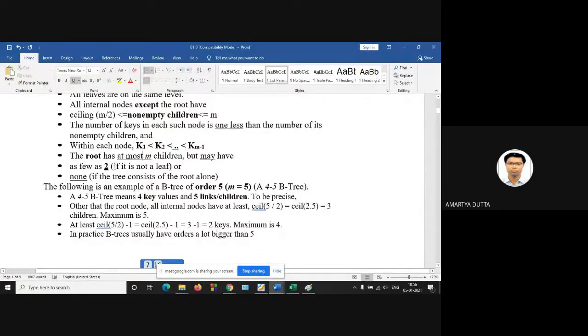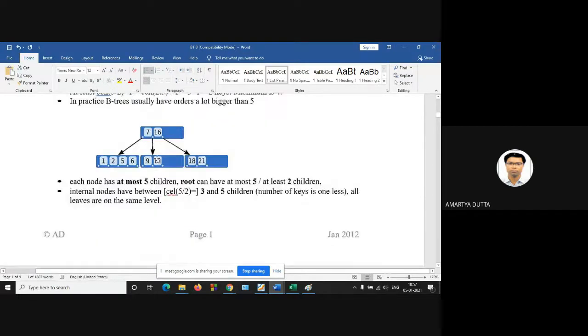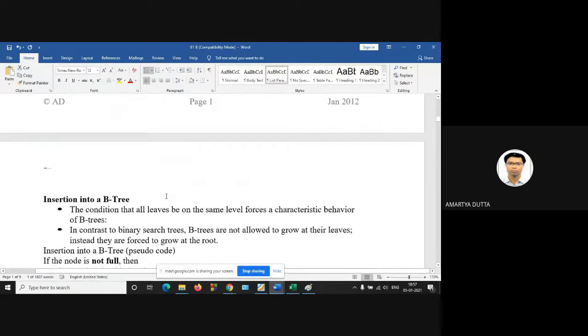The internal node has at least ceiling of m by 2 children. This is the formula, but the root node has at least 2. But at most, the internal node has m children and the root has m children. These are similar.